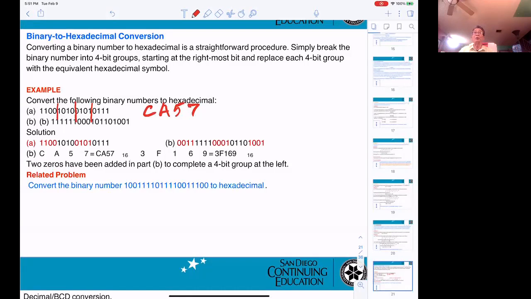You look into the table, and that will be a C. And the next number, 1, 0, 1, 0, you look into the table, you get an A. And so on. Okay. If you can't remember the hex symbols, then you need the table for a while.